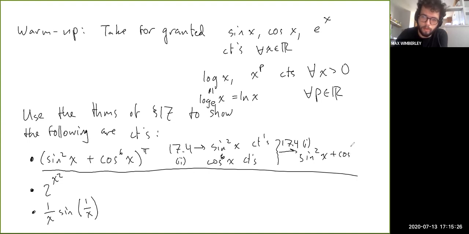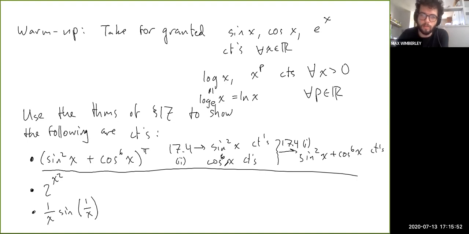Plus cosine to the sixth x. And then the domain of the overall function should just be wherever sine and cosine are defined. Oh, this is always positive, so it doesn't matter.